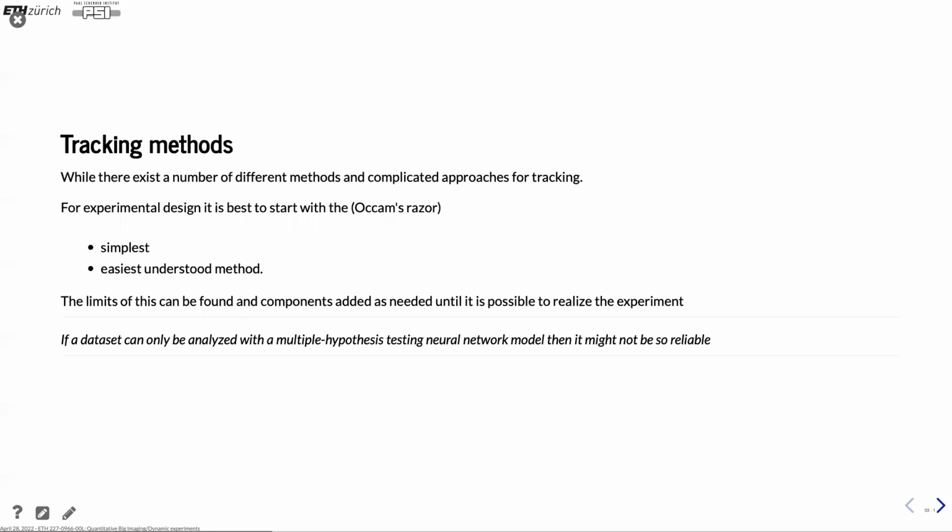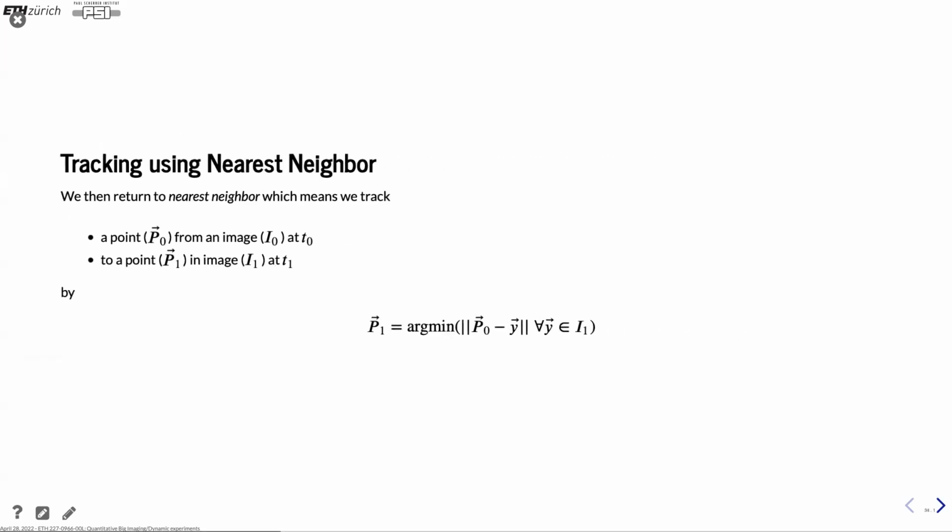It's essentially comparing each item with all the other items and seeing which one is the closest or has the least movement, and hoping that this one is the right one. In principle, at every point in image I0 at time 0, we compare it to every point in image I1 at time 1, and then we can see which one is producing the best fit.